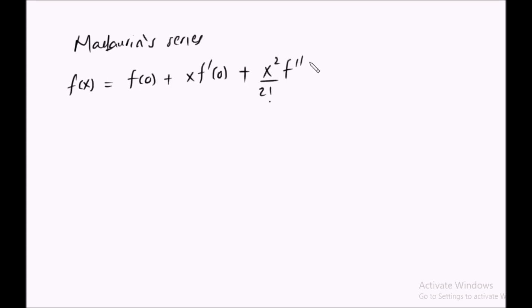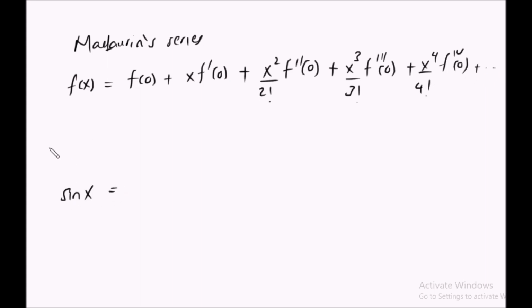After the first derivative comes the second derivative and then comes the third derivative, then comes the fourth derivative and it continues. So this time let's do it for sin of x. So f of x is sin of x.